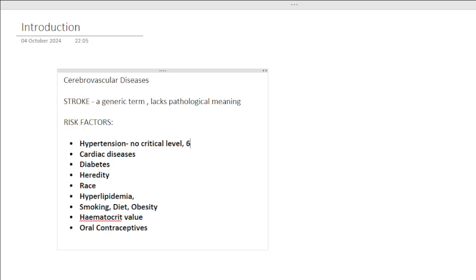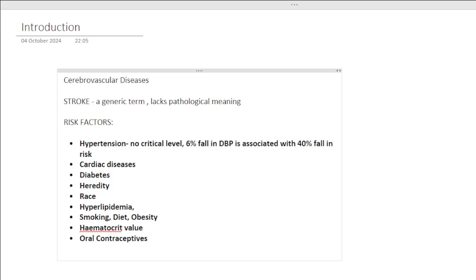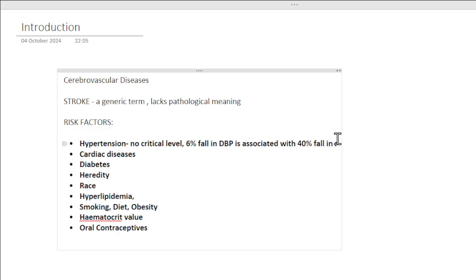A simple calculation, you can remember: a 6% fall in DBP, diastolic blood pressure, is associated with a 40% fall in risk of any kind of stroke, or CVA.